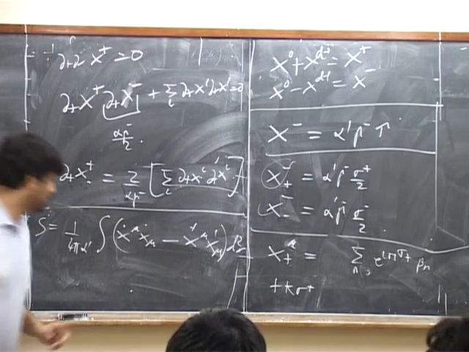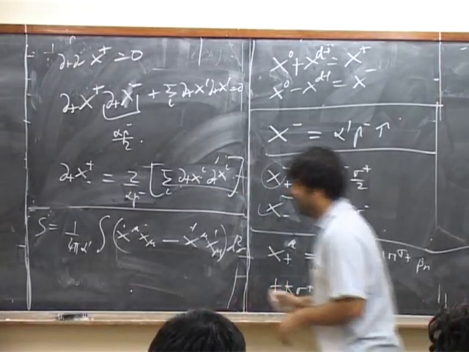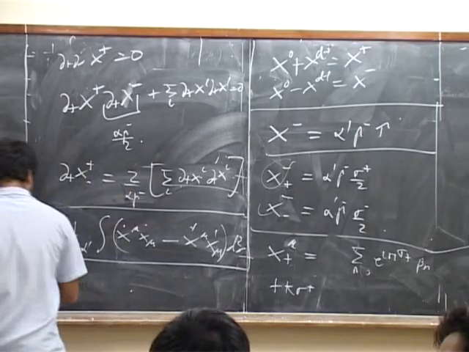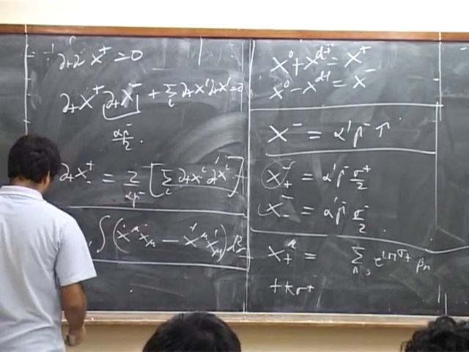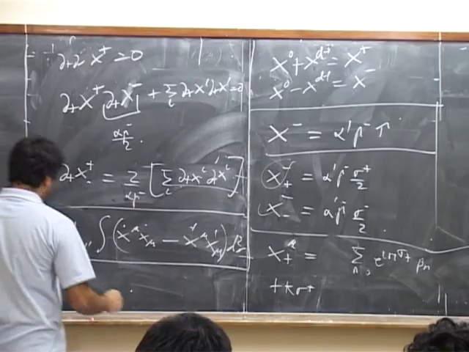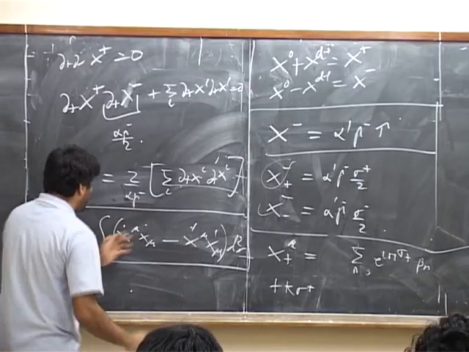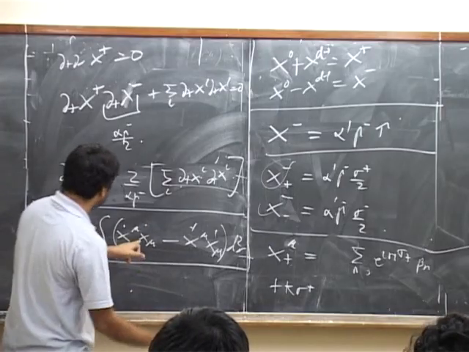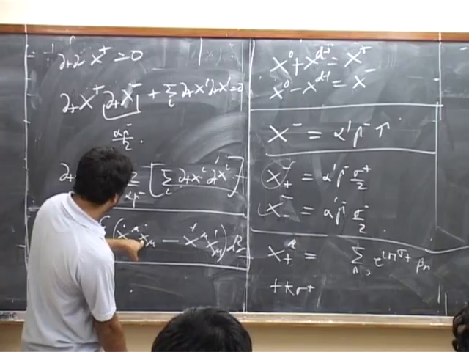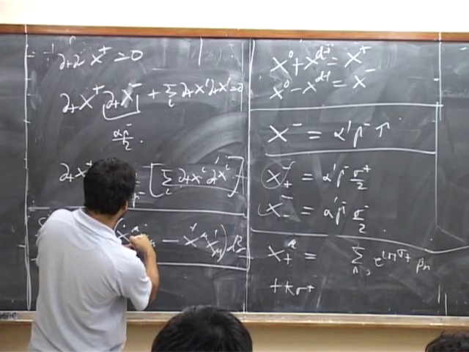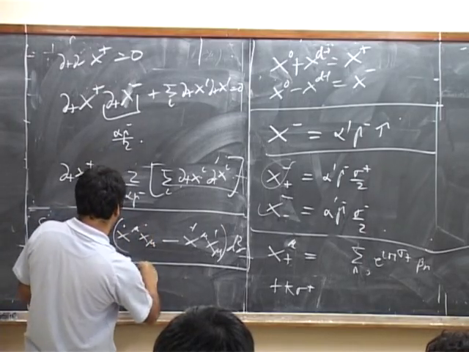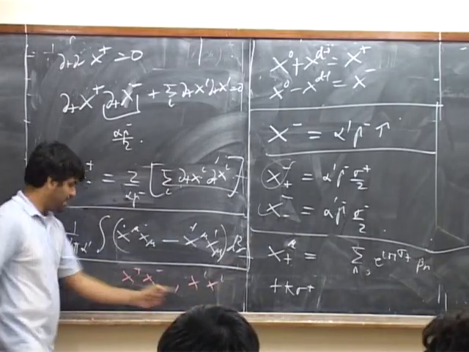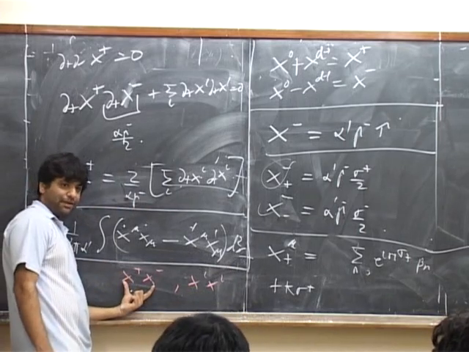This was our action. Into this action we put a gauge condition, and I'll come back to zero modes in a moment. But that essentially eliminates the oscillator parts. So there is part of this that is x plus x minus, and there is part of this that is xi xi. Let's start with the x plus x minus part.